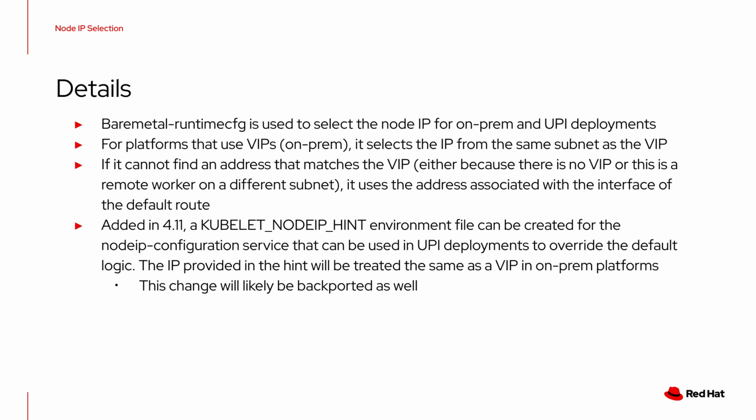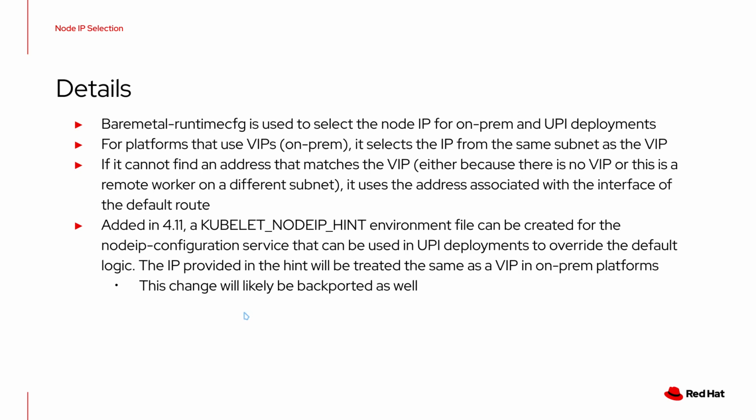So in 4.11, we've added this kubelet node IP hint environment file that can be added to the node IP configuration service. And then that can be used in UPI deployments to override the default logic for selecting the default route interface.